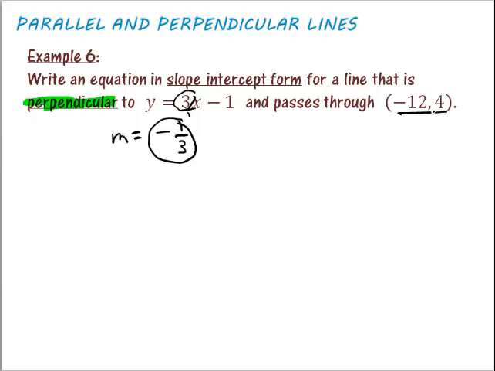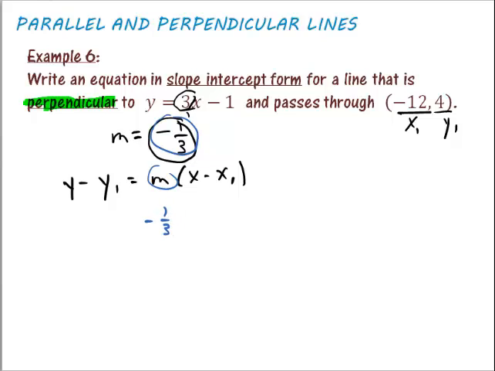There's my x, there's my x1, and there's my y1, and there's my slope. So let's go ahead and plug this in. y minus y1 equals m times x minus x1. Alright, so we'll plug in what we know. We're going to plug in the negative 1/3 in for m.